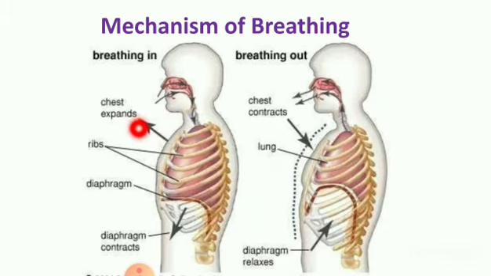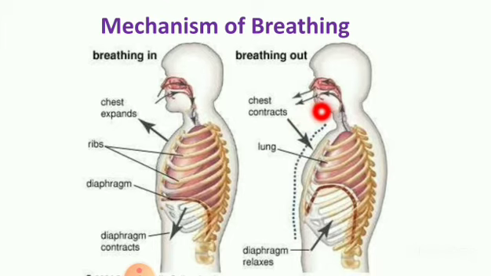So at that time the chest will expand and the diaphragm contracts. This increases the volume of the thoracic cavity and the pressure decreases. The air outside the body flows into the lungs. Here, exchange of gases takes place between the air and the blood. This is the inhalation process in our respiratory system.